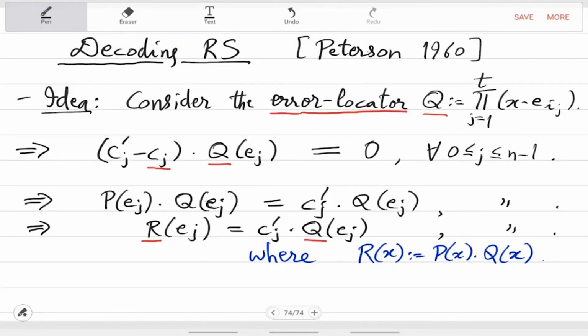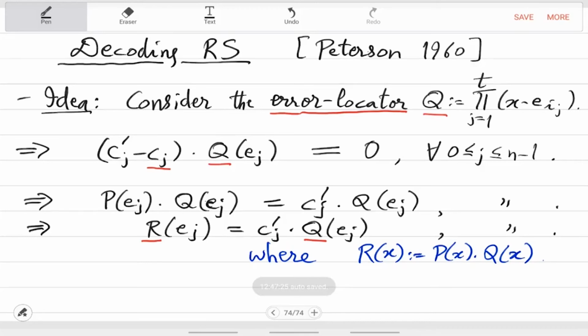Is it linear or non-linear? For the coefficients, it is linear. So obviously this is a linear system for the unknowns, and whenever you see a linear system, you solve it. So that is what Bob will do.